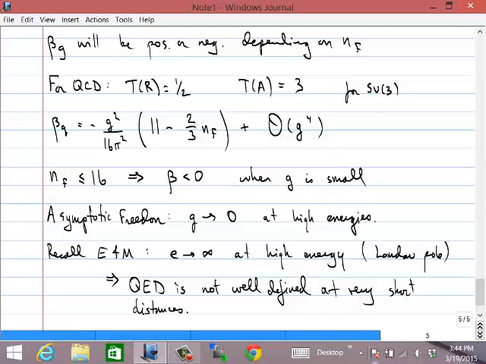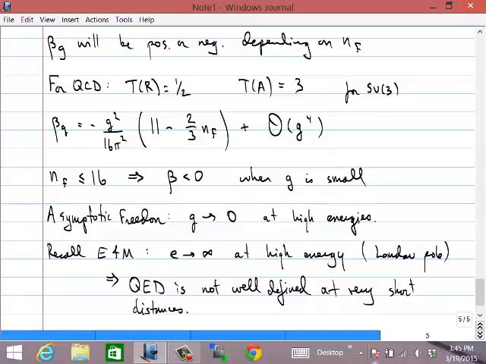In fact, Yang-Mills theories are the only asymptotically free four-dimensional theories. So the only quantum field theories of particles with spin less than or equal to 1, as far as we know, that can be defined at arbitrarily short distances are Yang-Mills theories.